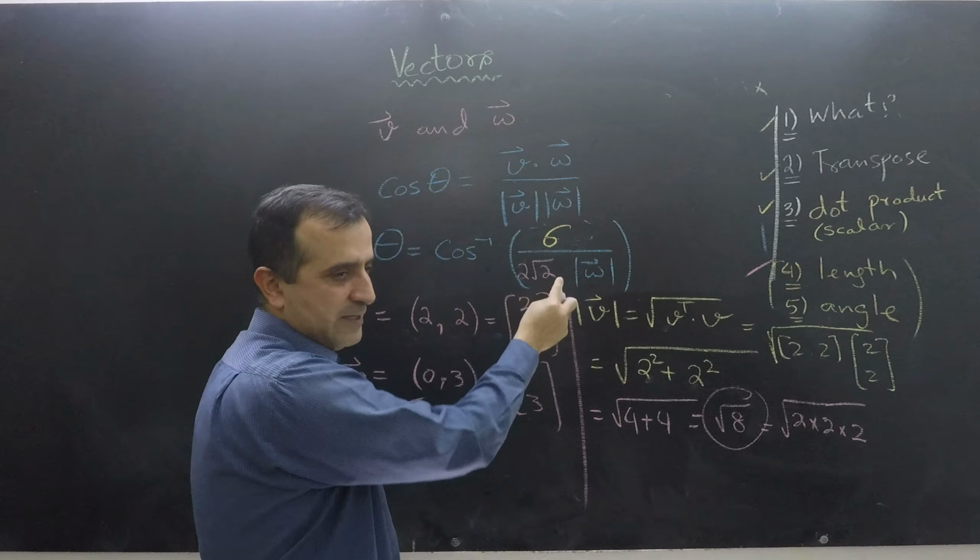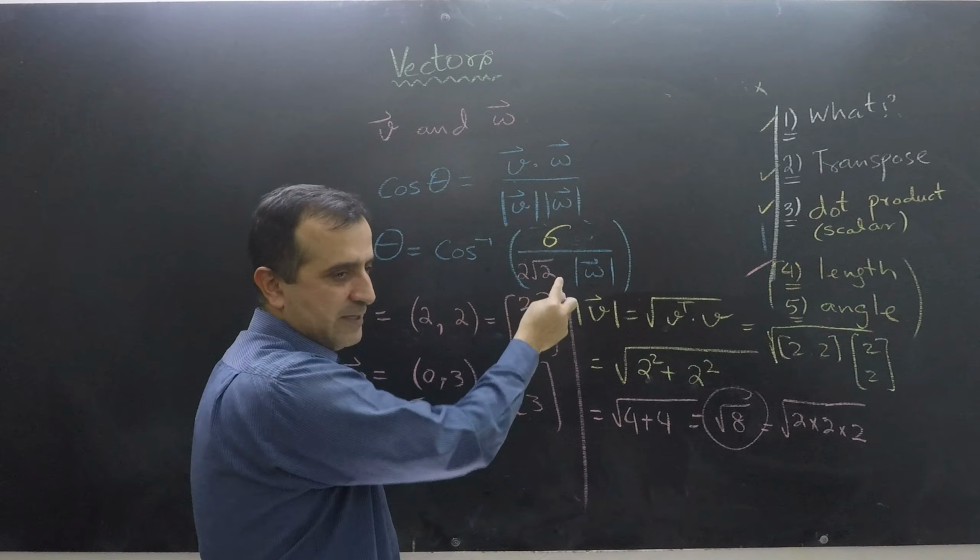Now I have to find the length of vector W, and I will use the shortcut method now. I don't want to waste my time, right? So the length of W is going to be the square root of 0 squared plus 3 squared. 0 squared plus 3 squared is going to be 9.